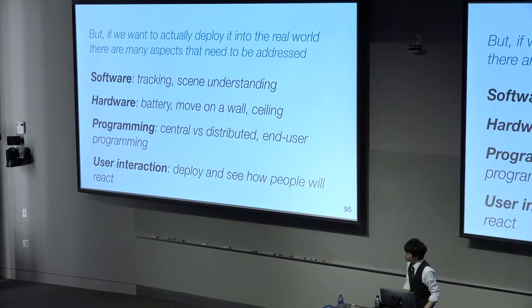The programming aspect is about these robots being mostly centrally controlled, but how can we program these robots in a more distributed way? As well, the end-user programming aspect of these swarm robots is also interesting. And finally, for the user interaction aspect, we need to better understand how people react to these swarm robots and how they interact with them.